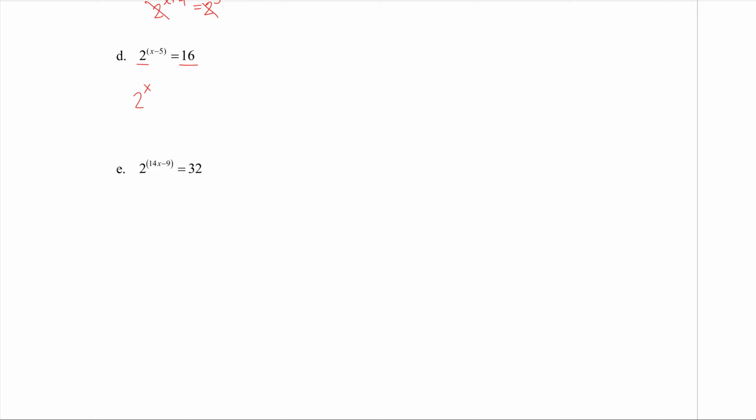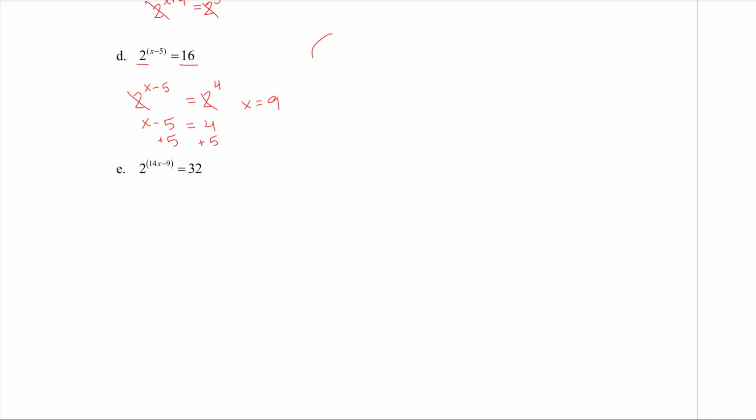So 2 to the power of x minus 5 equals 16 will then become 2 raised to the power of 4. Of course, now that they're the same base, I can drop them, and I can set the exponents equal to each other and solve, plus 5, to get x equals 9.